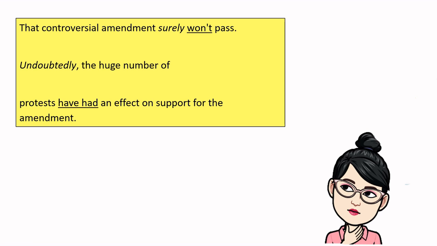In the first sentence, the adverb surely modifies the verb will not or won't. In the second sentence, undoubtedly at the beginning of the sentence actually modifies have had, which appears later. This explanation about modal adverbs was all taken from this website called study.com.